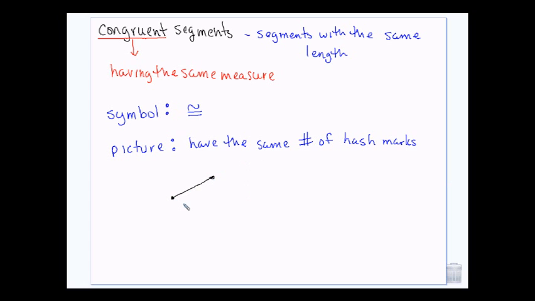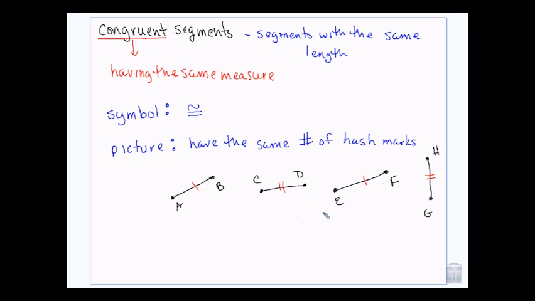So I have some line segments. The ones with the same number of hash marks will be the same length.